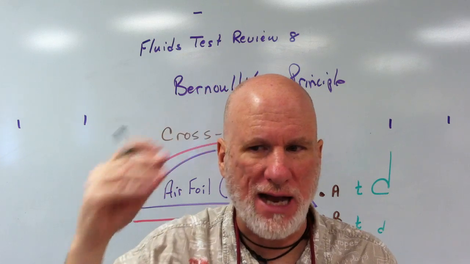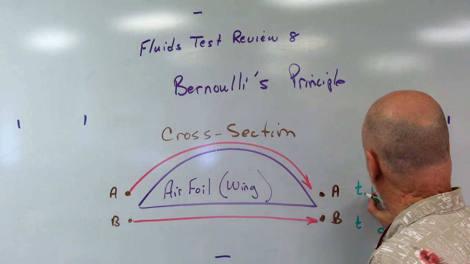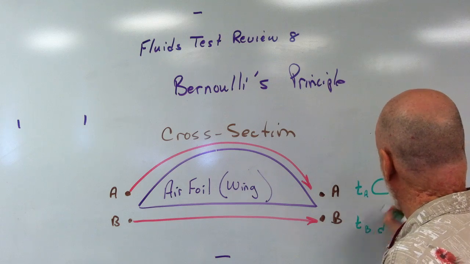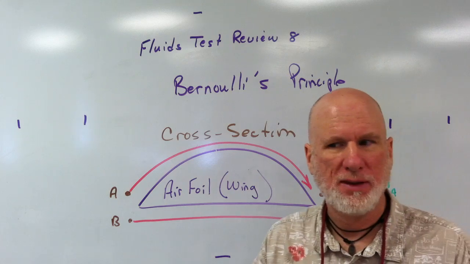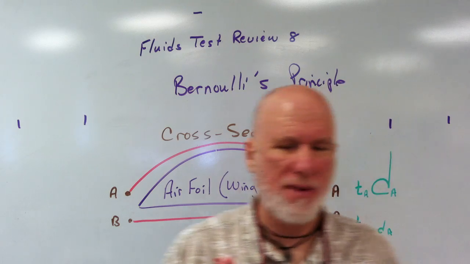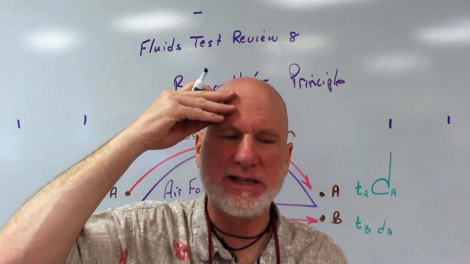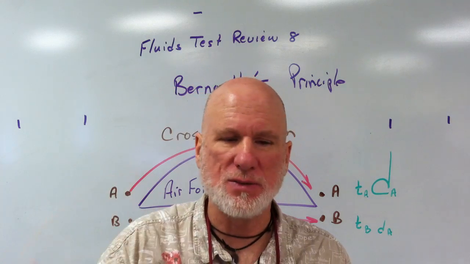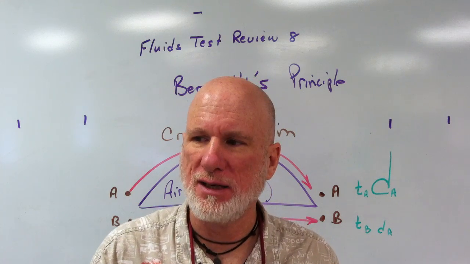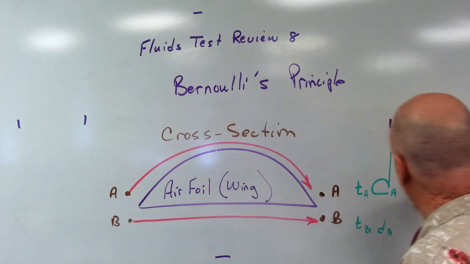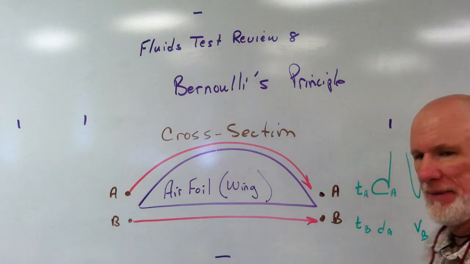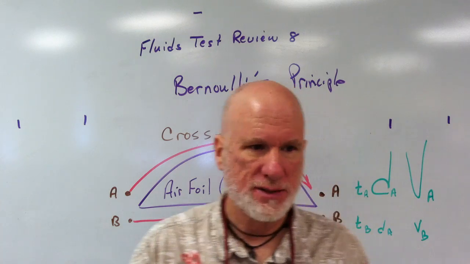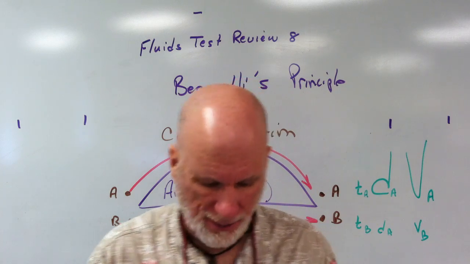Which has a larger velocity, A or B? Remember, velocity is distance over time. Which one has a larger velocity? A has a larger velocity. So this is A, and this is B. Does that make sense to you? Correct? Okay, now.